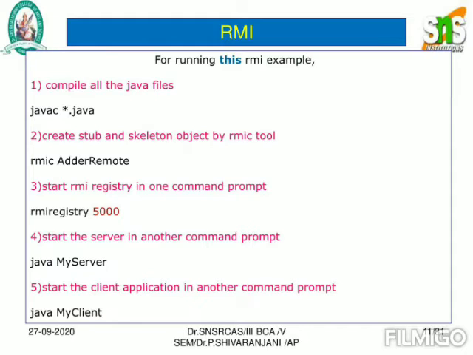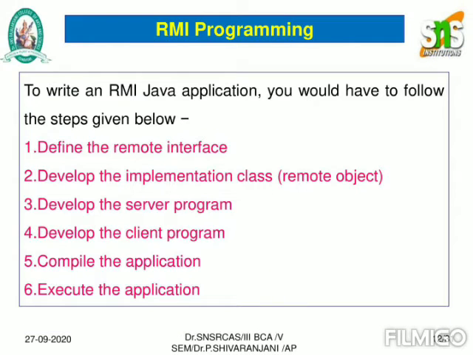After the registry is started, you can start the server in another command prompt by executing the server program with the command java MyServer. After starting the server, you start your client application in another command prompt by using the command java MyClient. Here MyClient refers to the name of the client application, and MyServer refers to the name of the server application to be run. So this is the way of executing RMI.